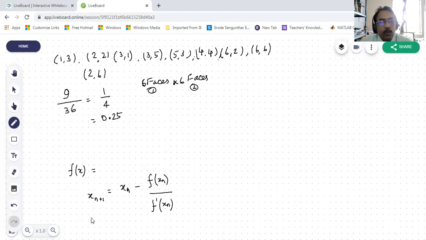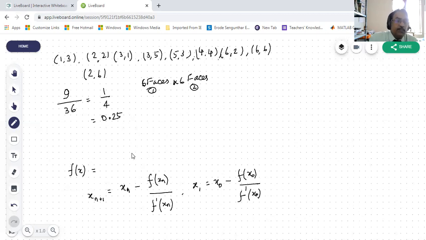Simply you can write x1 is equal to x naught minus f of x naught divided by f dash of x naught.